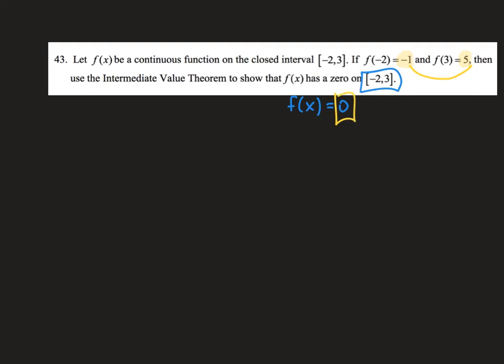So it's easy to convince yourself that this is a true statement, but just make sure you include all the components when you're using the IVT. So the first thing is to say you have a continuous function. The next step is to position this 0 in between your two given y values. And then I'm going to mention that I'm going to use the IVT.